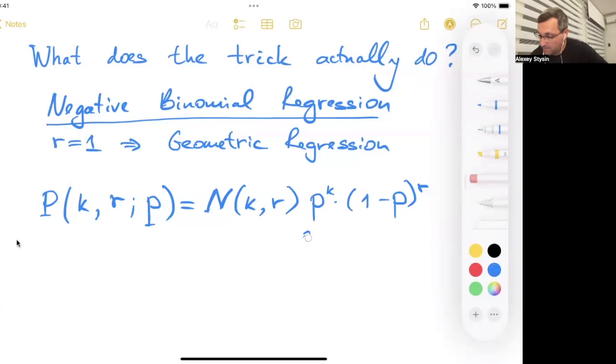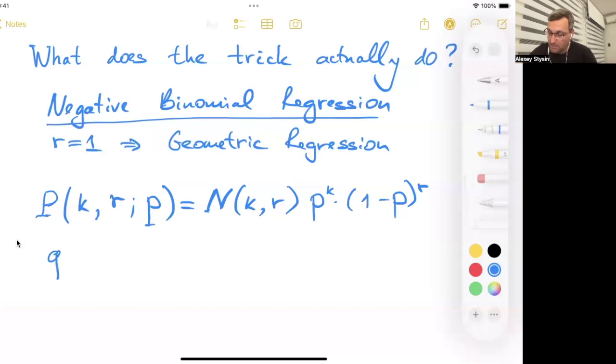To see what actually happens when we do the trick, we need to get a little deeper into the idea of negative binomial regression, because it abstracts from the original interpretation of the negative binomial distribution. The way it works is like this. First, we need to reparameterize just a little bit. We need to relabel, which is going to help us see the exact formulas that we want to get.